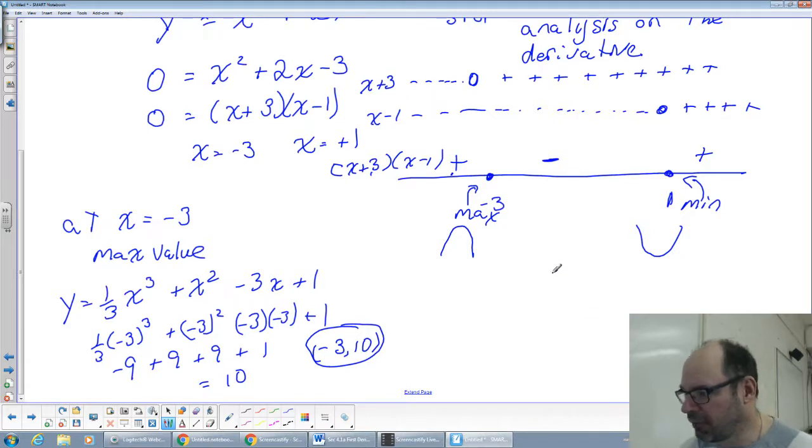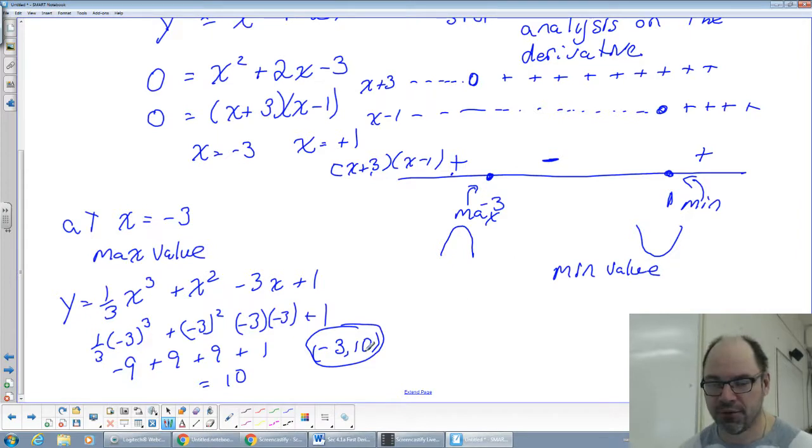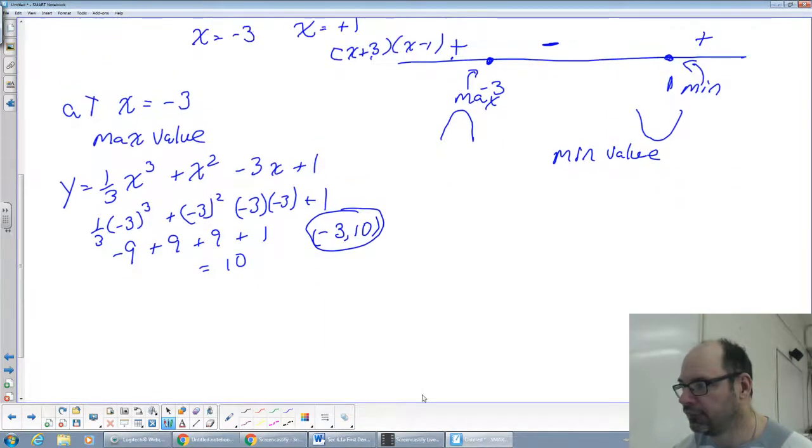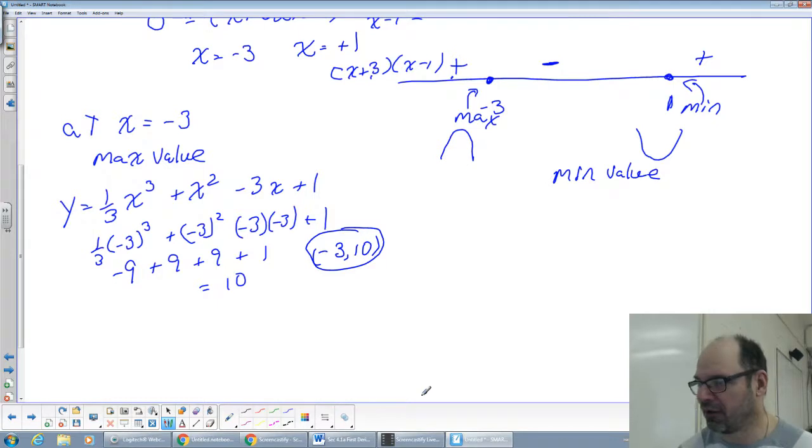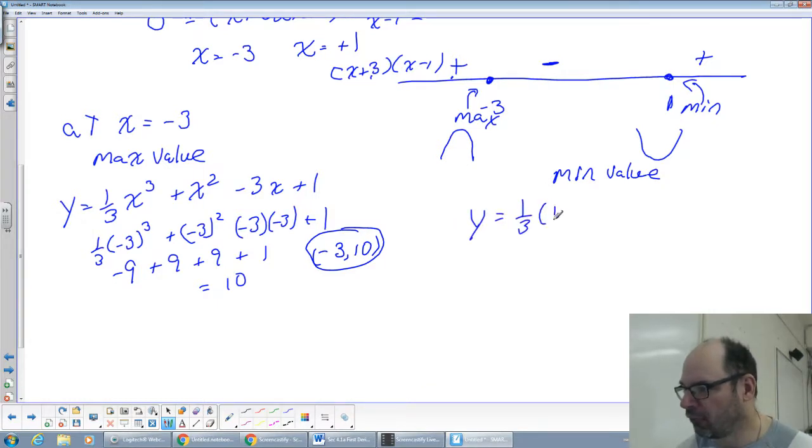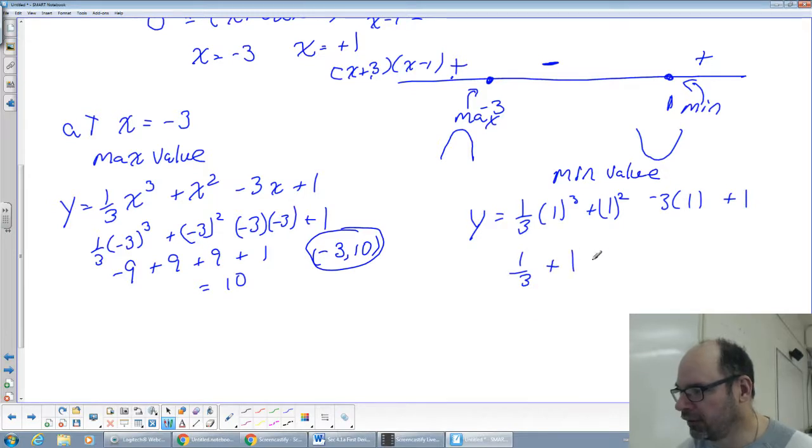And over here we have a min value at x equal 1. Let's move that up so we can see it. What's the y point going to be there? 1/3 times 1 cubed plus 1 squared minus 3 times 1 plus 1. So this would be 1/3 plus 1 minus 3 plus 1.